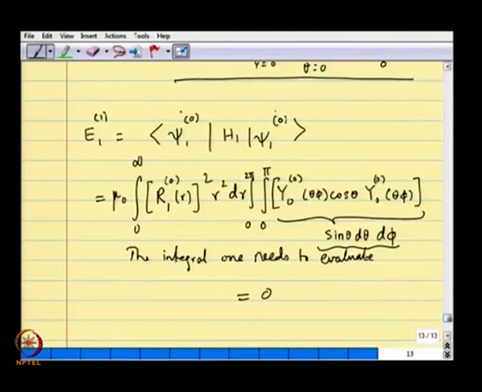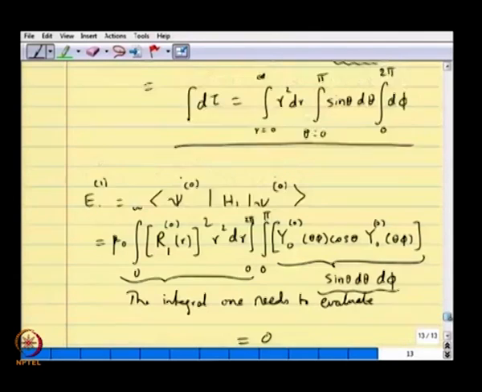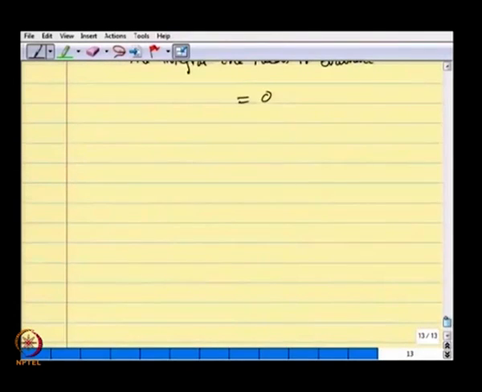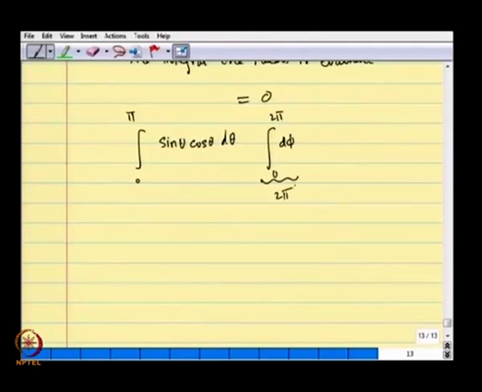Therefore, the essential integral, a radial function r square dr from 0 to infinity, is the radial function normalized, so this gives you 1 if you put in the right constants. What is left over is the integral 0 to pi sin theta cos theta d theta, and the integral d phi from 0 to 2 pi will give you 2 pi. That will go away with the normalization constants that you have already defined.